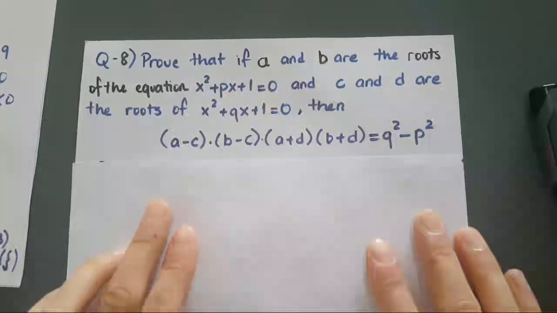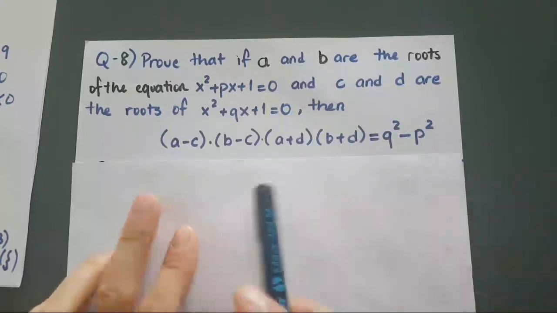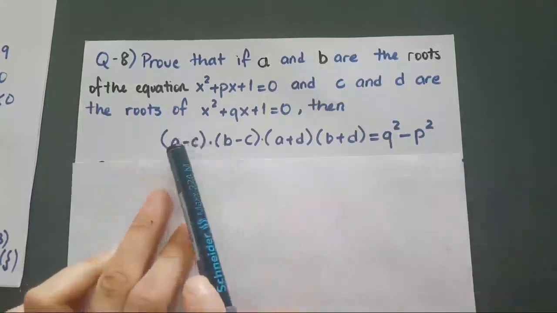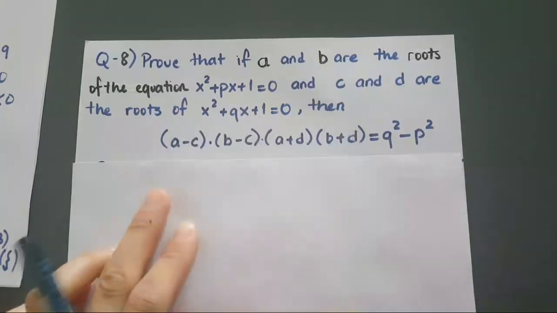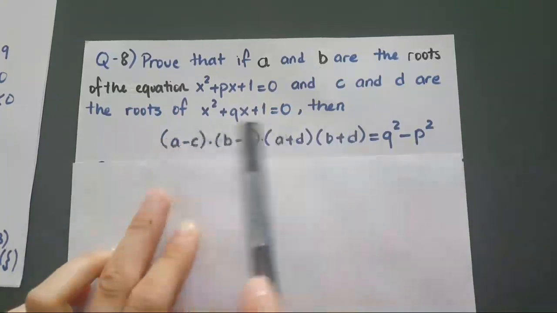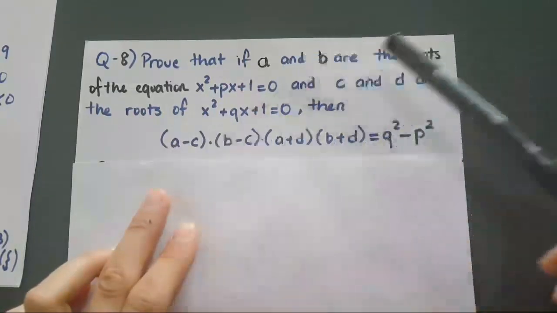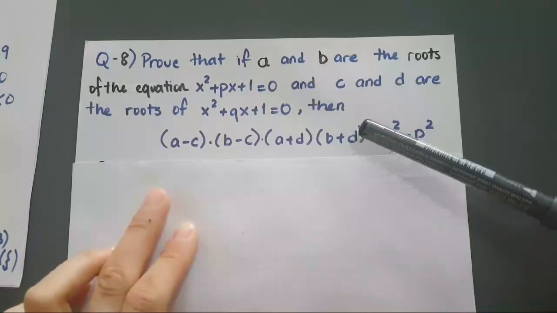How to group them? I have to be careful because, for example, if I group first and second, third and fourth, I will get A and B, also C squared. Do we know what C squared is in terms of sum and product of the roots? No, we do not know.